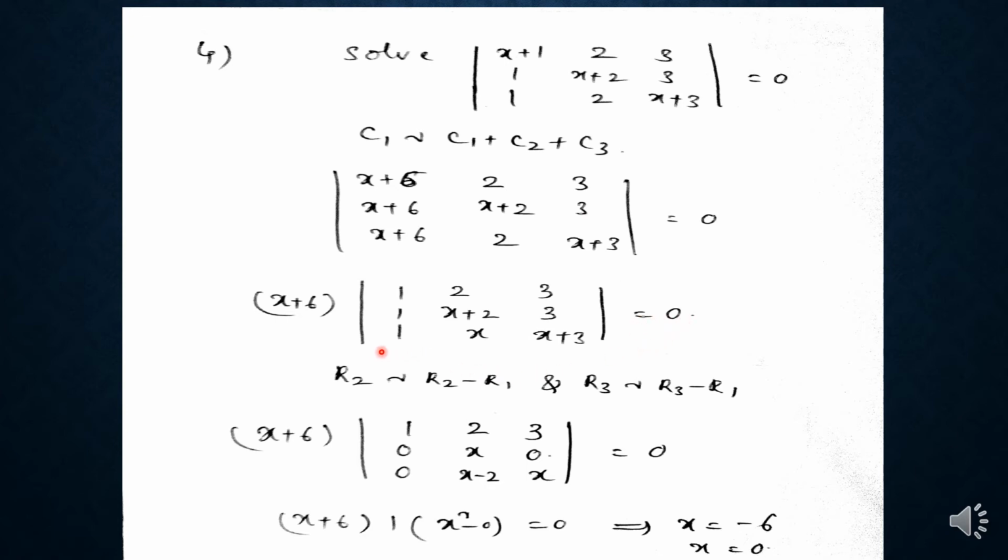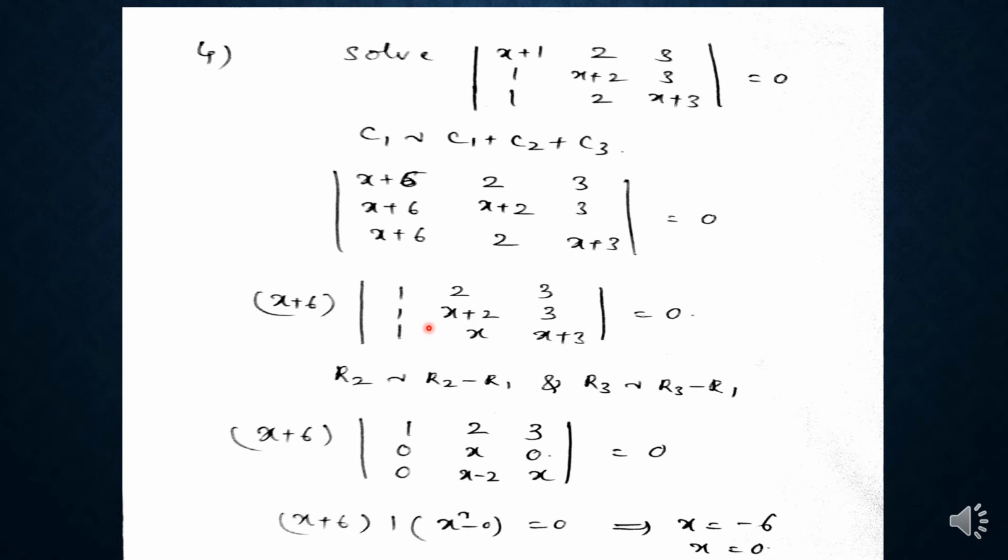So in this determinant we got 3 ones in the first column. So to make it simple, make 2 ones as zeros. To change 2 ones as zeros in the first column, by using the row operations, the second one is in the second row and third one is in the third row.